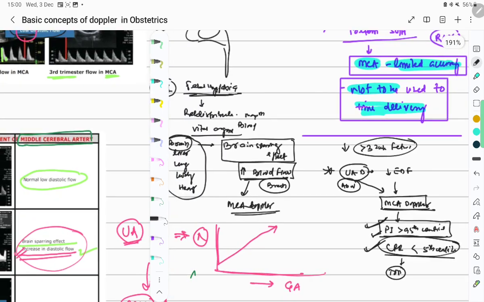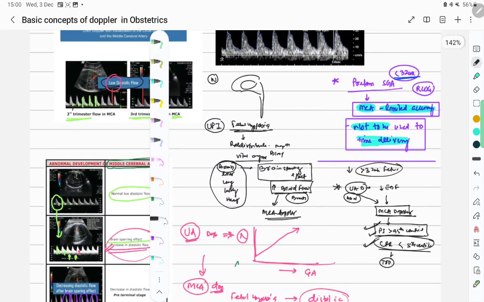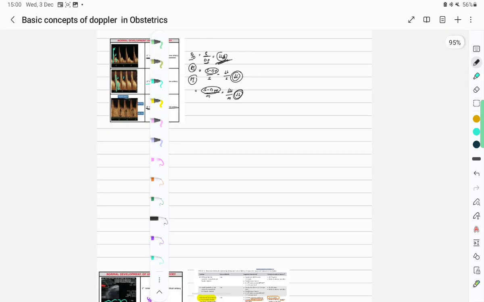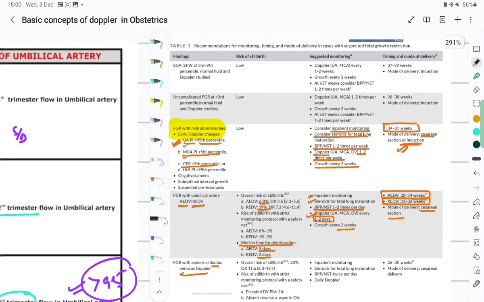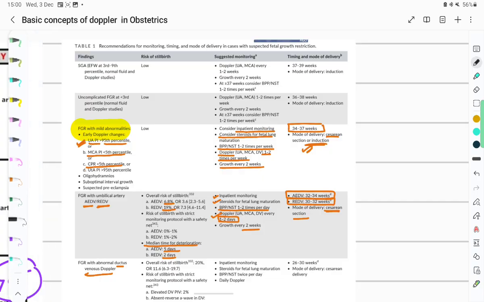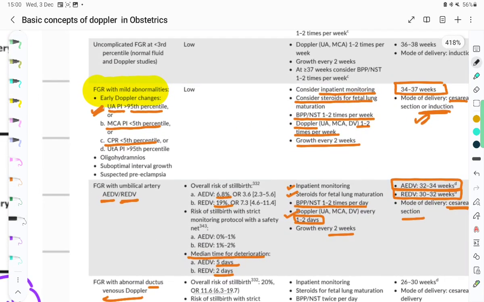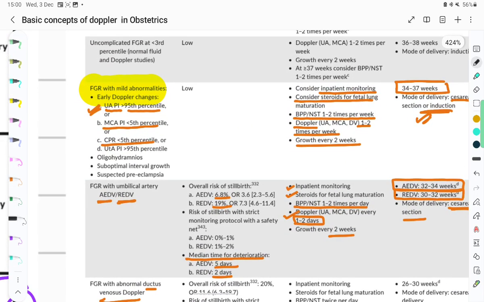See, previously, in this figure chart, I have already told. See this one. For early Doppler changes, FGR with mild abnormality, umbilical artery PI is more than 95th centile, MCA PI is less than 5th centile, or CPR is less than 5th centile.